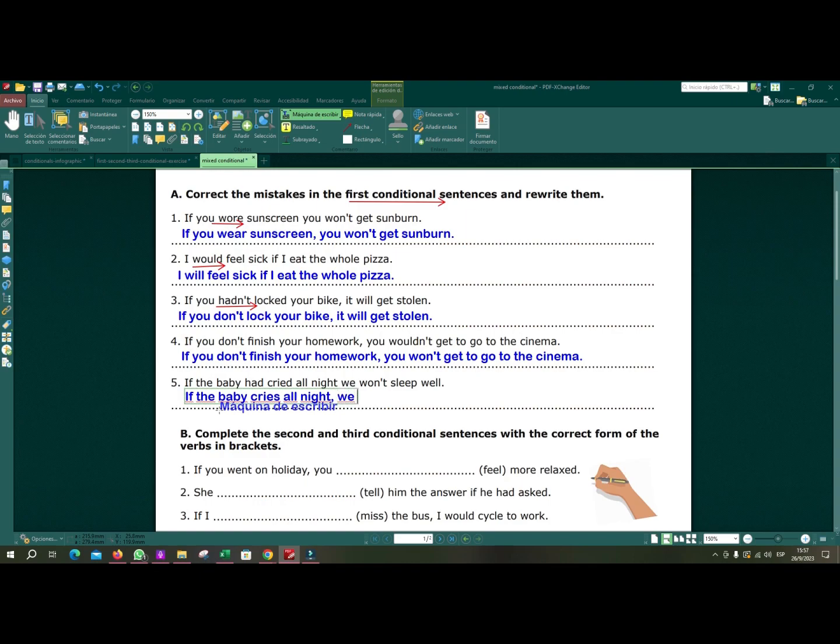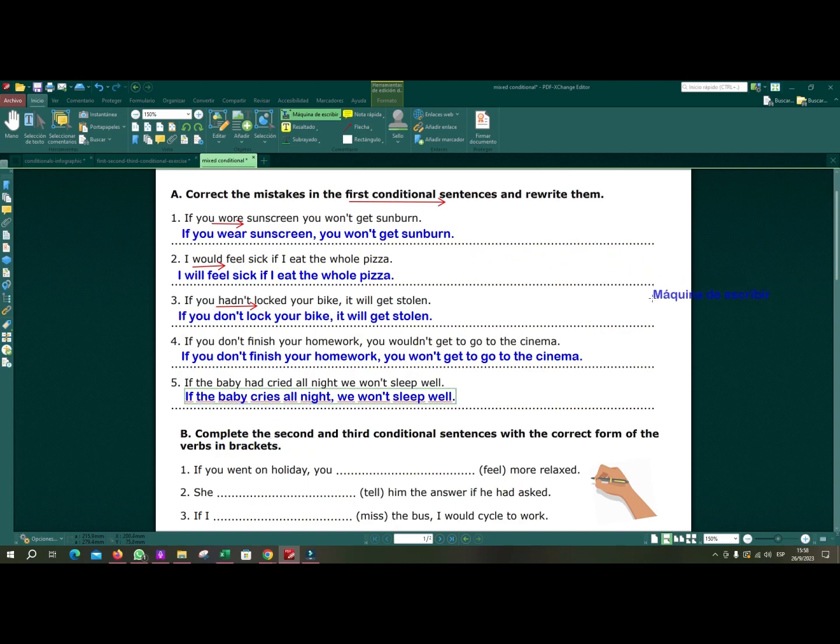We won't sleep well. Nice. That would be that one. If the baby cries all night, comma, we won't sleep well, right? So that would be the correct form for that one.